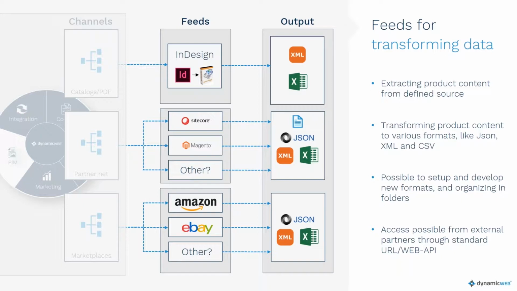That could be XML, that could be JSON, that could be whatever format, and then maintain the transfer of the data to this specific platform. Again, typically it's JSON and XML, and even some users export to an Excel file because then they can upload it to the specific marketplaces. But then, of course, it's not automatically updated.